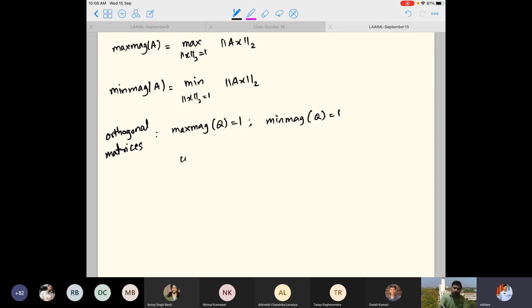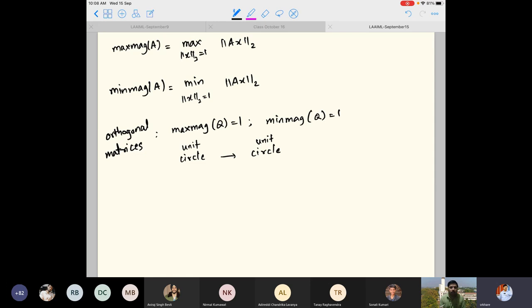That means the circle is going to a circle, and the unit circle is going to the unit circle. There is no change in the length of the vectors. It's not that a bigger circle is going to a circle with smaller radius or vice versa. That's the best possible thing you can think of. Orthogonal matrices have this property, but not every matrix does.